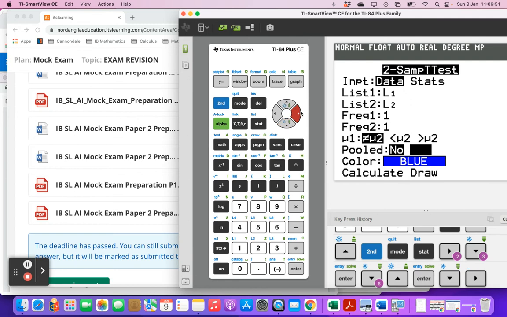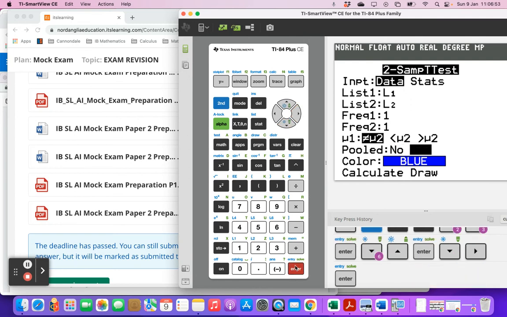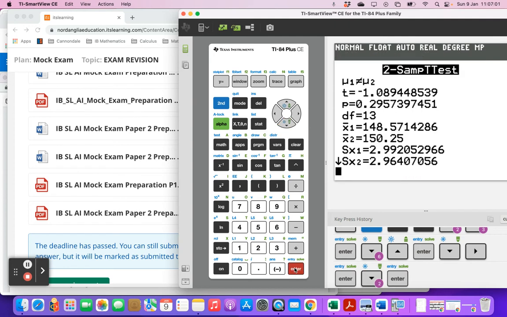The pooled, we have to do yes every time, and then we're going to come down and calculate our p-value, and we get 0.296 for the p-value. Okay, and then they show the degrees of freedom and the means for the male and female's height.